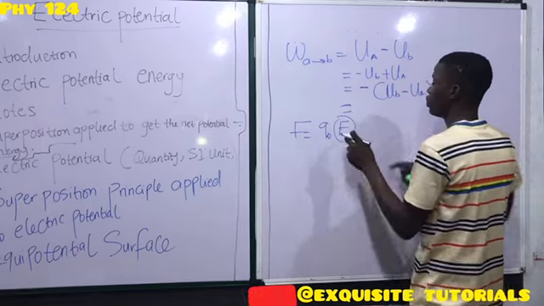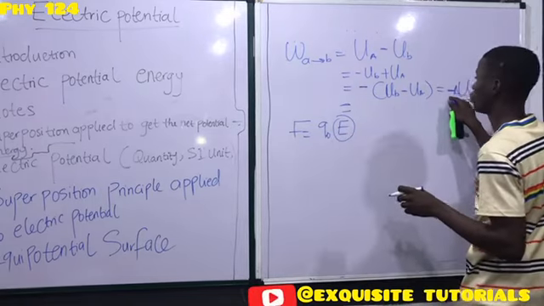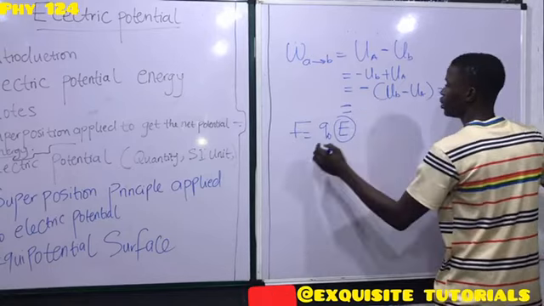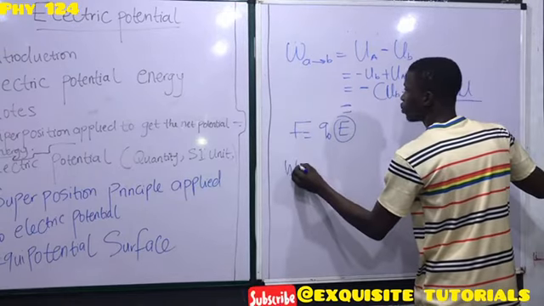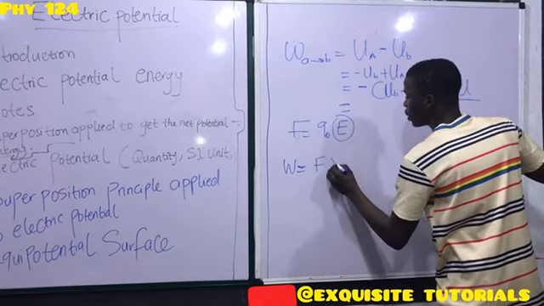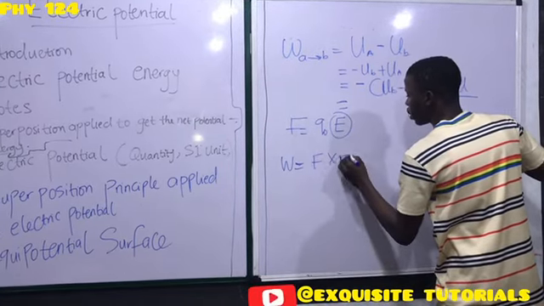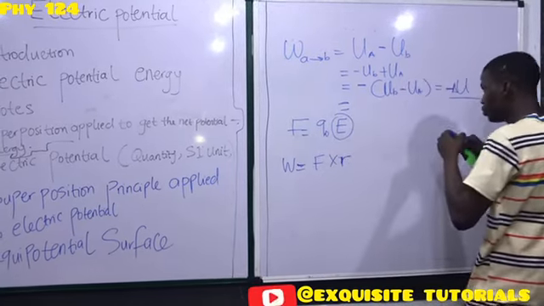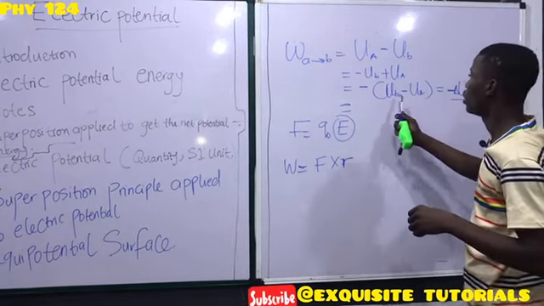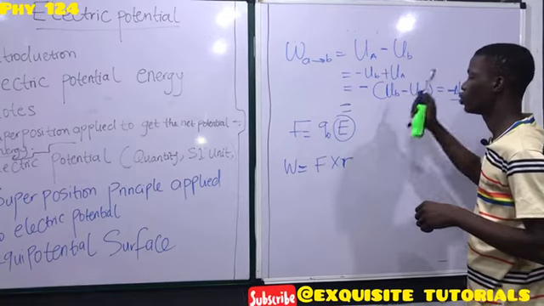So if we want to apply this to the equation we just did here, I can now simply write, since we know that work done is equal to force times distance r, and this change in electric potential energy is also equal to the work done.